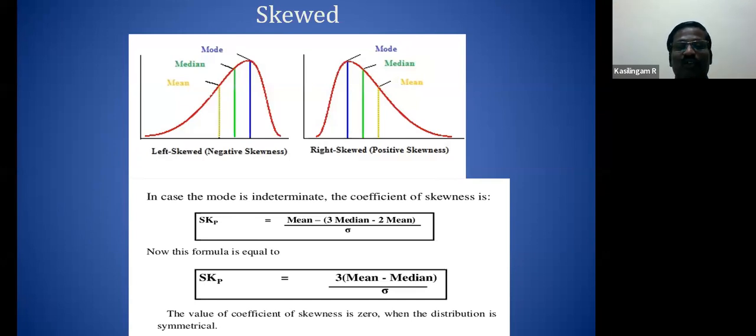If that value is positive, that is a positive skewness. So in positive skewness, the mean will be above the median. Look at the x values: this is the median value, this is the mean value. Mean minus median is positive, which means the mean will be more than the median.